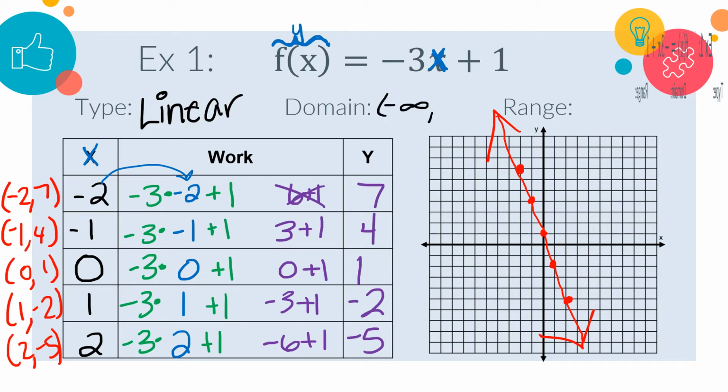How far right does that line go? Forever right. How far down? Forever to negative infinity. How far high? All the way up to infinity. This is always the domain and range for these types of diagonal lines. Unique, right? So that's going to help us with our domain and range.